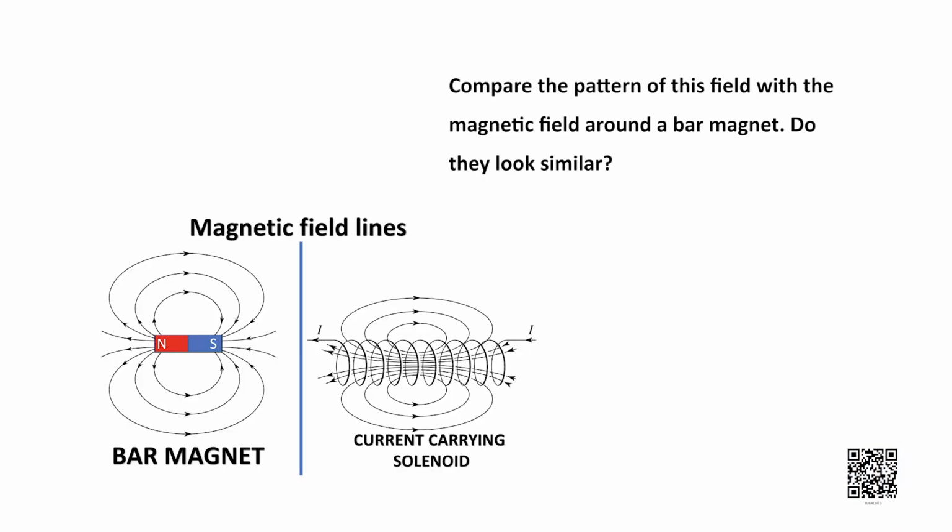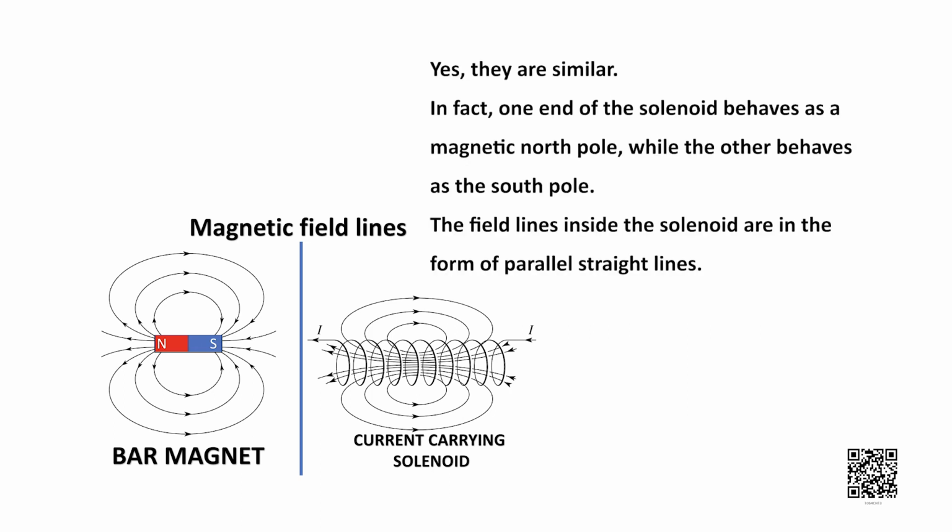Now let's get a pattern of magnetic field lines around a current carrying solenoid. As you can see on your screen, if we compare this pattern of the field with the magnetic field around a bar magnet, do you see some similarity? Absolutely yes. They are exactly similar to each other.